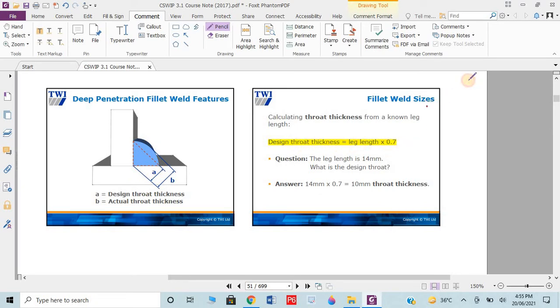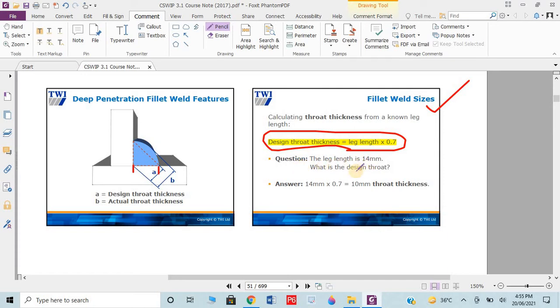This question is normally part of every exam. So remember this one. Normally people forget the sequence of the formula. If we want to calculate the design throat thickness, up to here, then the formula is 0.7 multiplied by leg length, up to here and here, right?